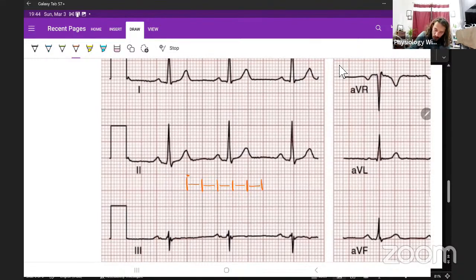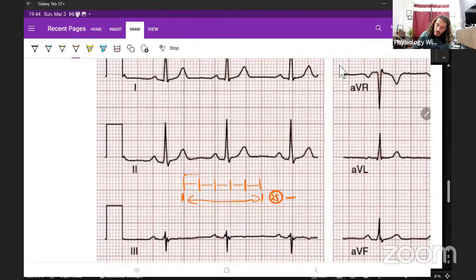So 5 such small 1 millimeters make up 5 millimeters, and 5 of those is 25 millimeters. The speed setting of the ECG is such that 25 millimeters make up 1 second. So what you're seeing from this point to this point denotes 1 second.